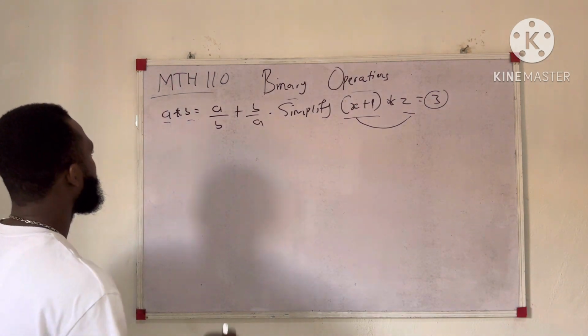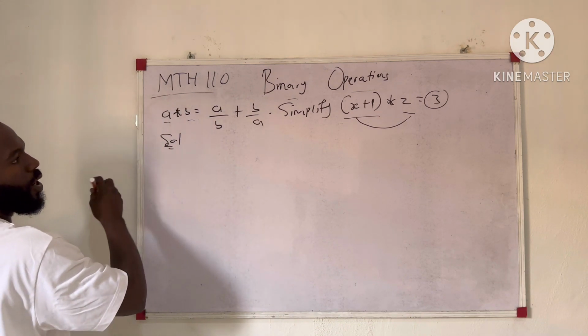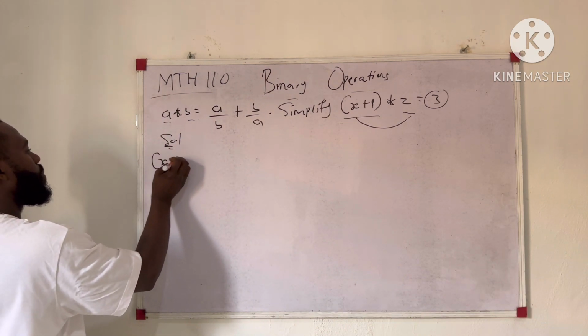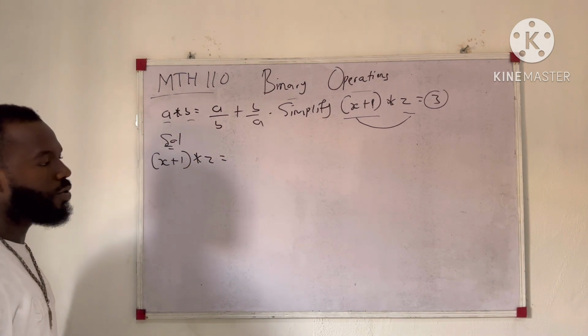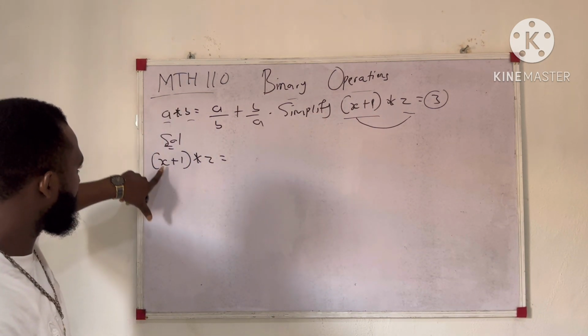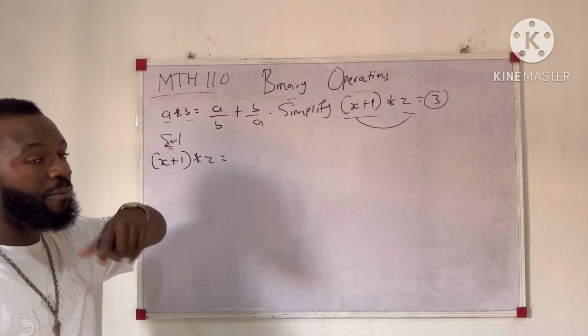So now, x plus 1 operation 2 is equal to, watch, A now is x plus 1 and B is 2. So whenever I have A, I give x plus 1, and whenever I have B, I give 2.